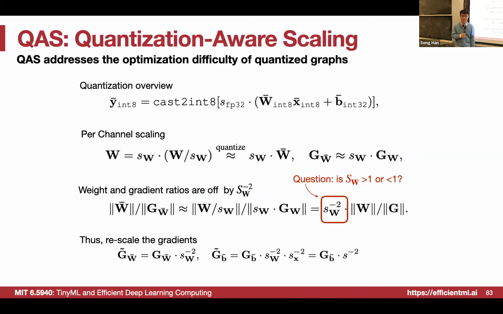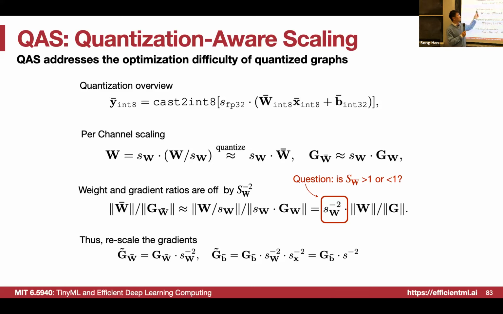So let's do a little bit of math. To do the calculation, we have an int8 weight, 8-bit activation, and a 32-bit bias, where W bar is the quantized weight. And then we multiply with the scaling factor. Remember, we talked about that in the quantization class. And then we cast it back to int8 before we feed to the next layer.